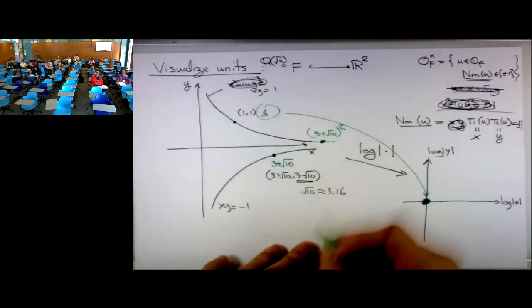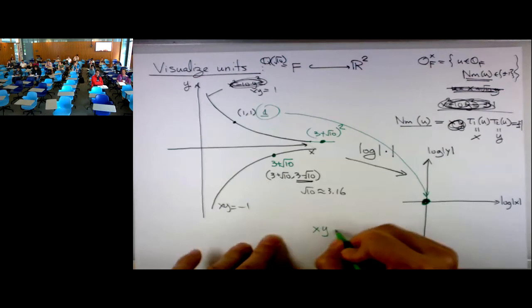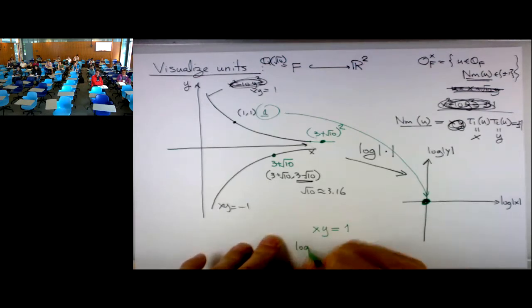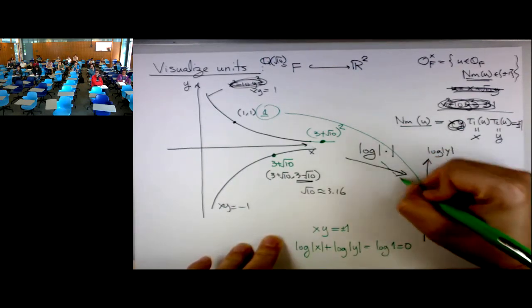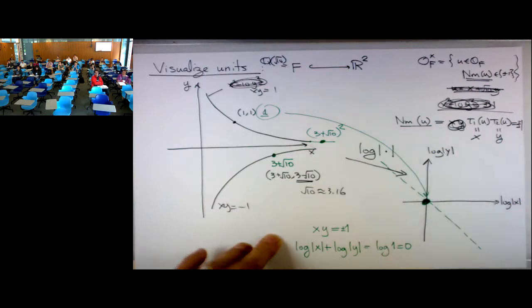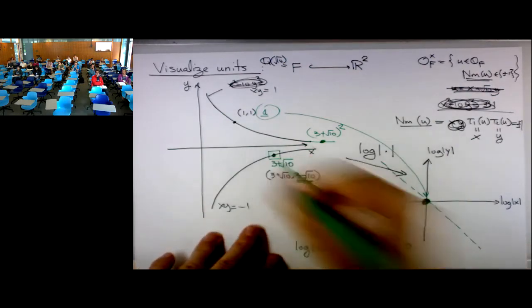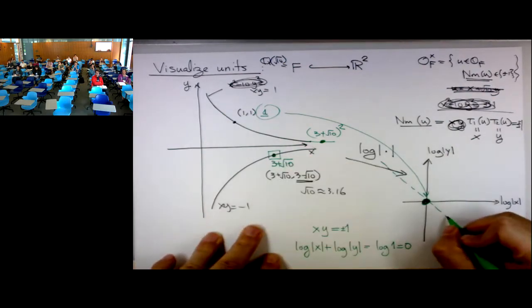And where does this hyperbola go? The condition xy equals 1 corresponds to log of x plus log of y equals log of 1, which is 0. So in the log picture, everything will lie on this anti-diagonal line. And this point here, the x direction is a little bit longer, so it's going to be here.